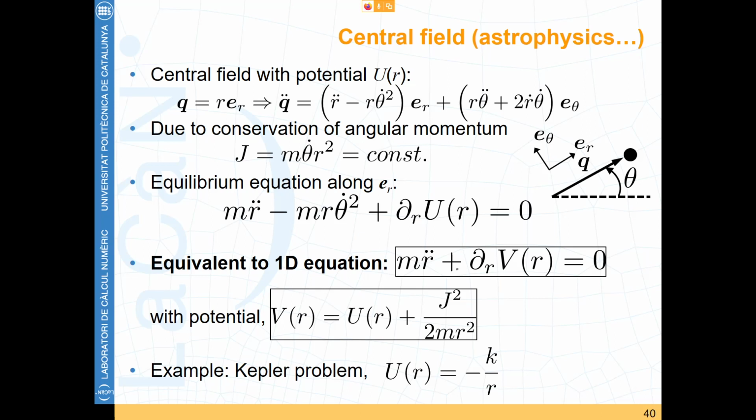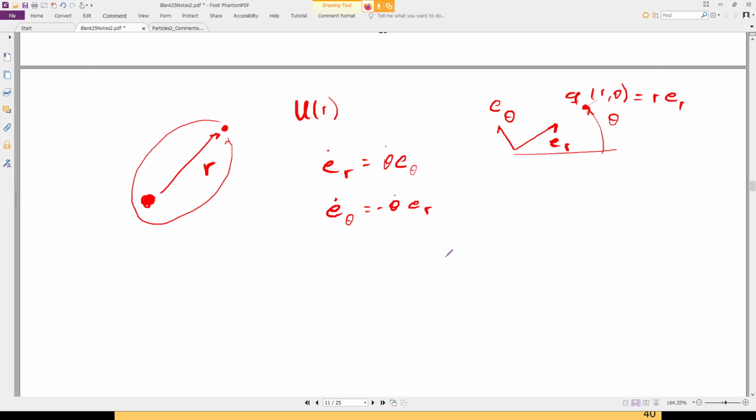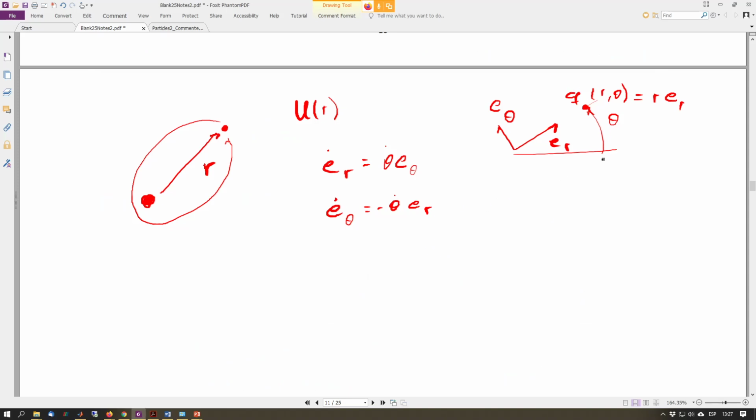So what we are doing is getting rid of the angular velocity theta-dot. We forget about theta, and we have an equation of our particle to see how it moves with respect to its position along this axis that we have here, with r being the distance from the center up to here.